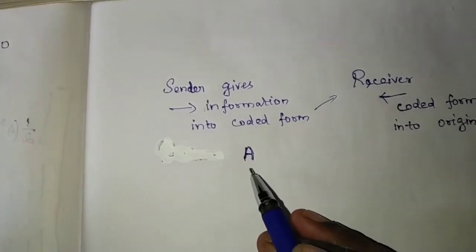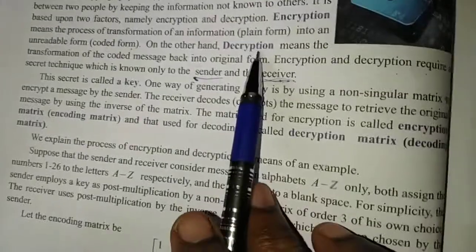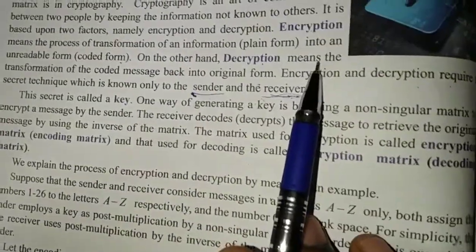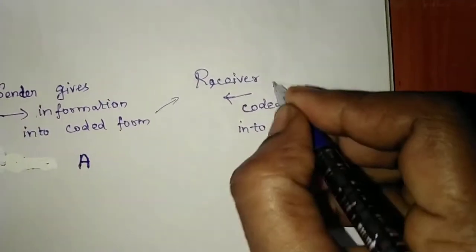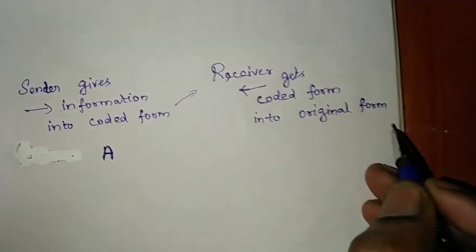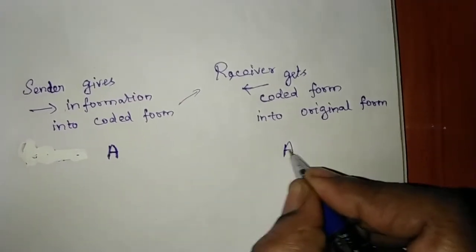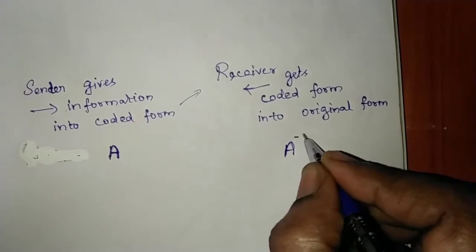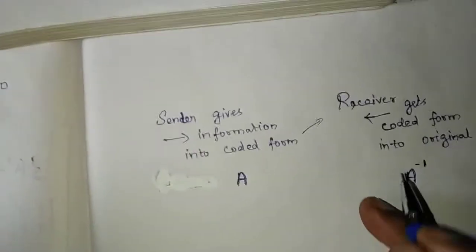The encryption matrix we take as A. And decryption means the receiver gets the coded message back into original form. The decryption matrix is simply denoted by A inverse.